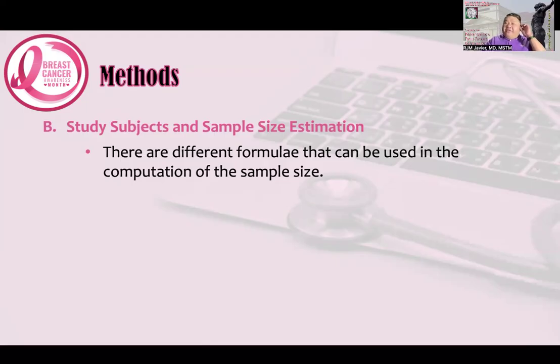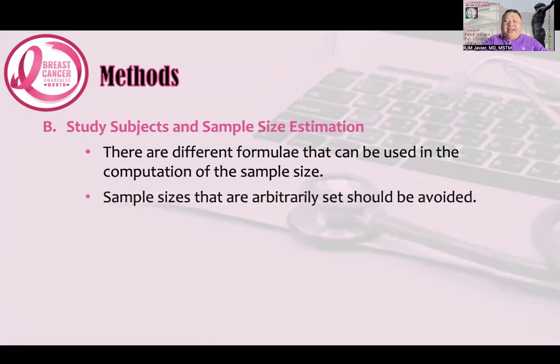So there are different formulae that can be utilized or can be employed. So I want you to go back to the lecture, read the manual, and you can find why it's important that you identify the correct formula to use.